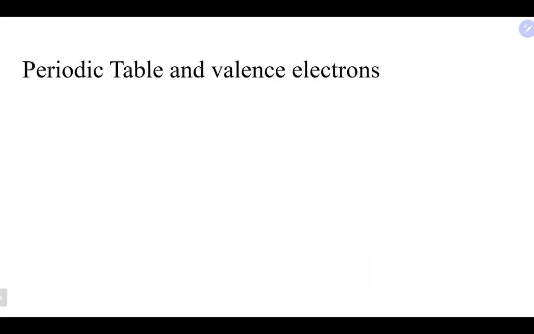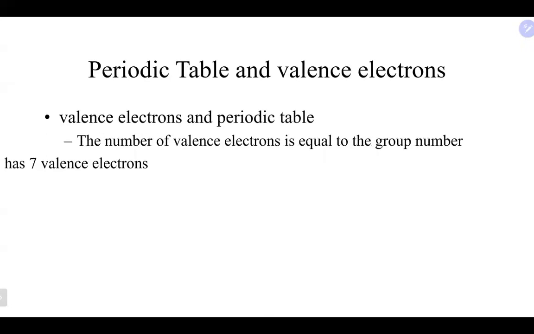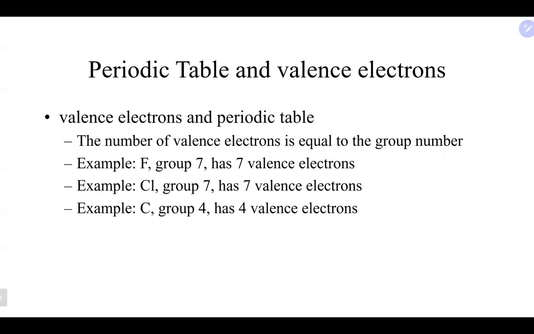Now, you could write the electron configuration for everything, but nobody really wants to do that if you are looking for how many valence electrons there are. The number of valence electrons for anybody actually equals the group number. So everybody in group 1 has 1 valence electron. Everybody in group 2 has 2 valence electrons.